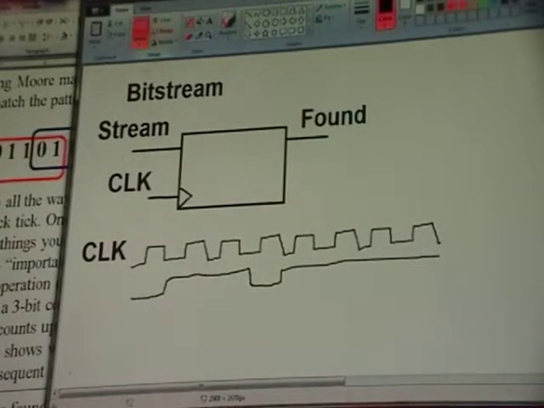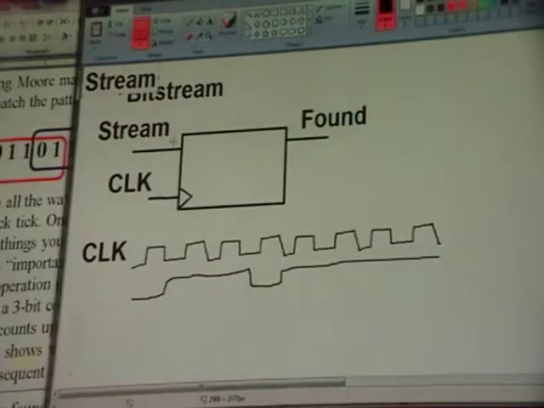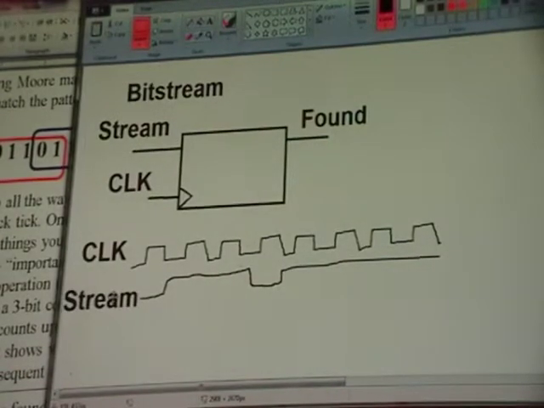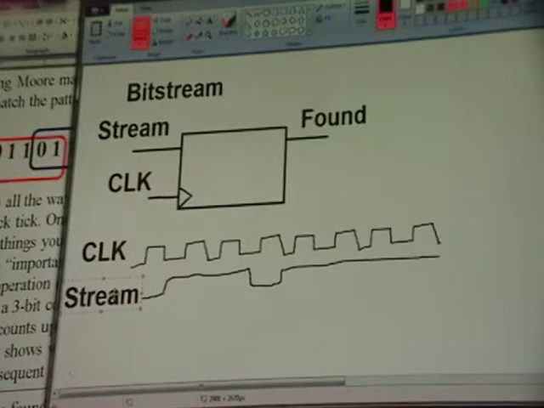So we have stream. Okay, and then we have found. Let's see what found does. And on these timing diagrams, sometimes to make it a little bit clearer, it's good to say what you're starting at.